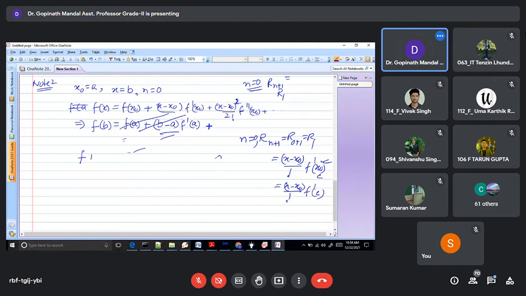So in that case, f of b will be equal to f of a plus the remainder term, that is x minus x0, that is b minus a, f dash c. So f dash c is equal to f of b minus f of a by b minus a.